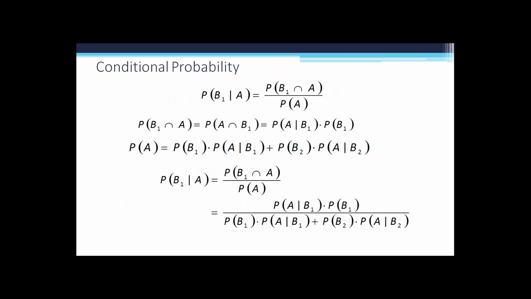So you have to understand that whether you talk about probability of A intersection B, it is the same as probability of A given B1 times P(B1), or probability of B1 given A times probability of A. This is very important. Both are equivalent because both of them talk about the probability of simultaneous happening of one of the cause and the effect. So it is a commutative property.